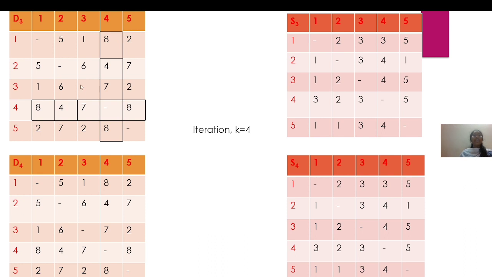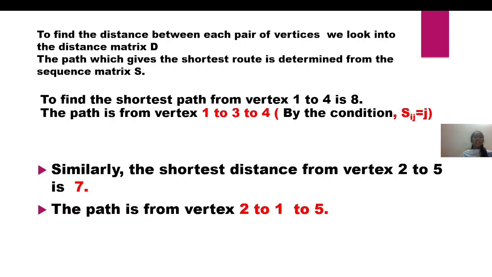So while checking, we got the D3 and D4 matrices to be the same. If we get the two matrices the same, the algorithm stops. There is no change in the D4 matrix. It is the same as the D3 matrix. So here our algorithm stops, which indicates that we have found all the shortest paths between the vertices.